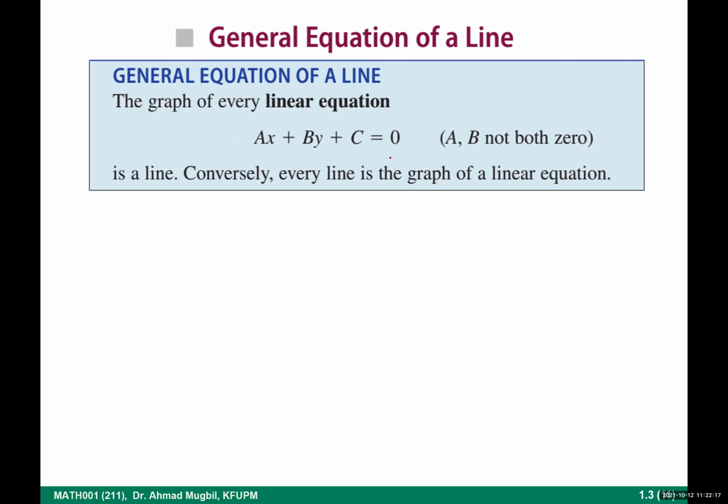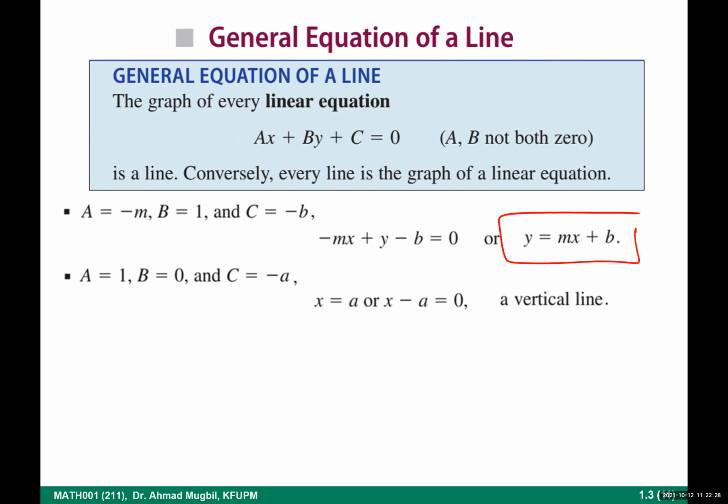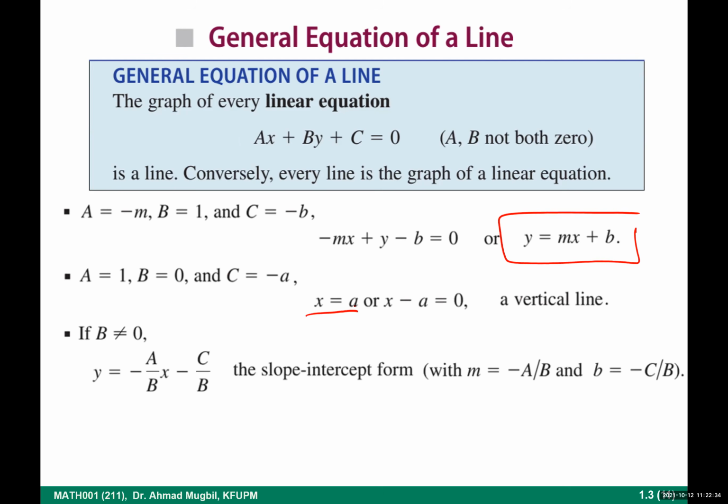Look at these special cases. What will happen if A is -m and B is 1, C is -b? You will have the slope-intercept form. If A is 1, B is 0, C is -a, you will have a vertical line, x equals a. If you solve it for y, this is interesting. What will you get?